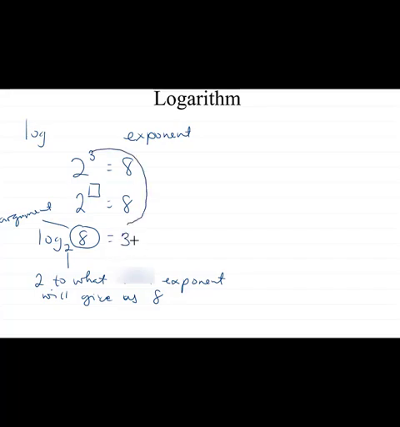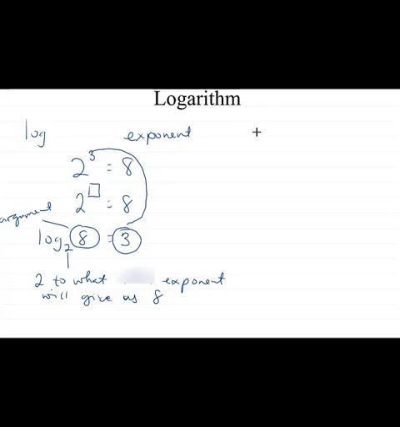So basically, a logarithm is always the exponent. It's just a fancy way of saying an exponent. We could have just said 3, but we've written it as log base 2 of 8 is 3. Basically, that is a logarithm.